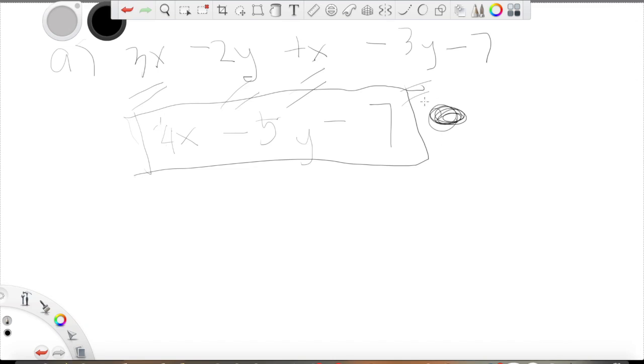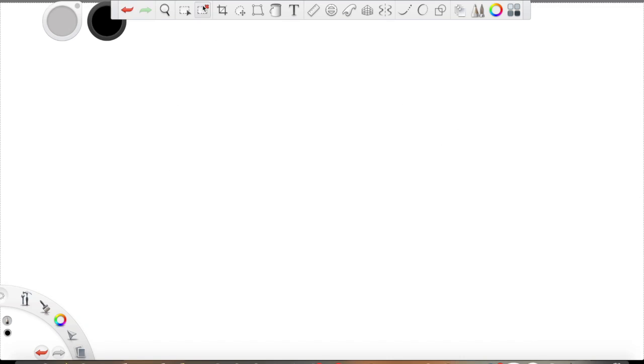Another example. Letter B is 2r minus 5 multiplying 3 minus r in parentheses, plus 4. Now how do we solve this problem?